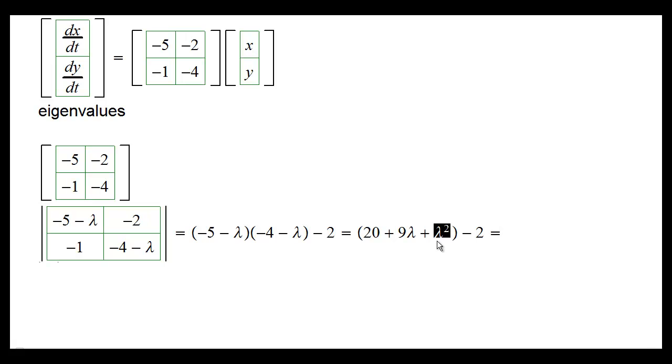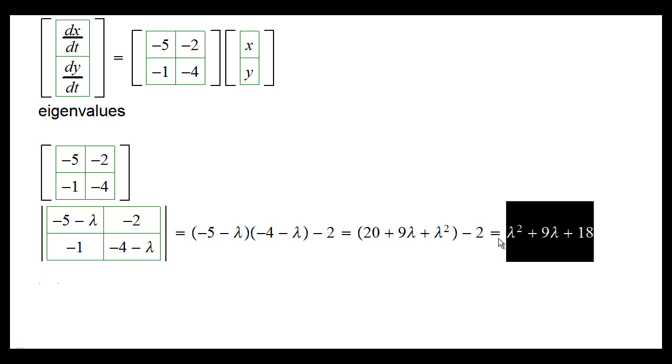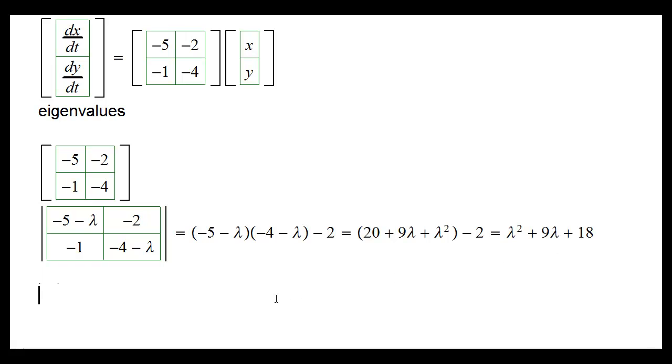Lambda square plus 9 lambda, as we had before, plus 18, right? Now all we have to do is to solve this characteristic equation, and the solutions will give us the eigenvalues.